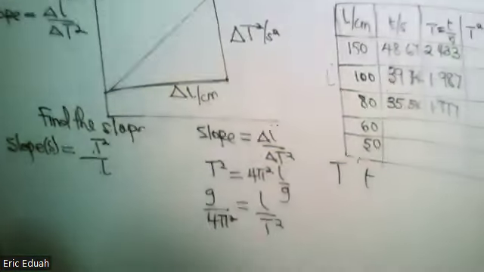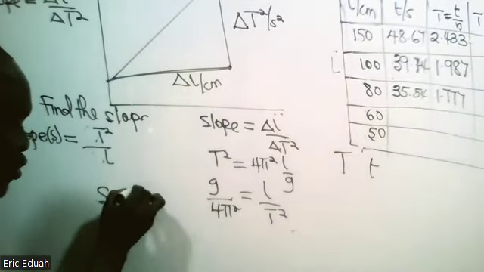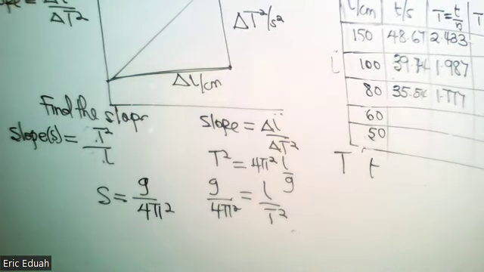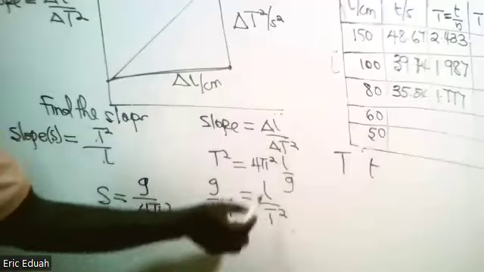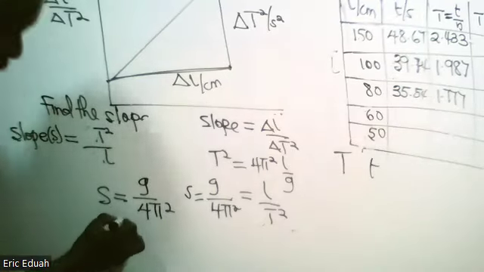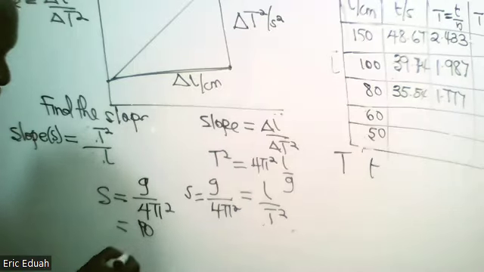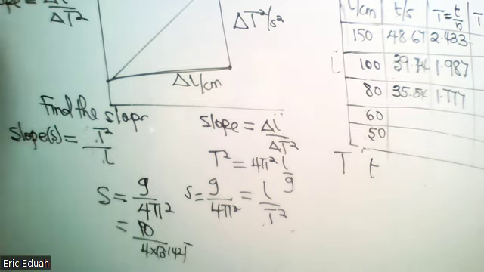This time my slope is equal to g over 4 pi squared, because L over T squared is the slope S here. Theoretically, it must be equal to 10 meters per second squared divided by 4 times 3.142 squared. So that is the theoretical application of the period.